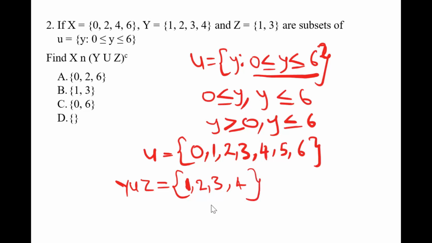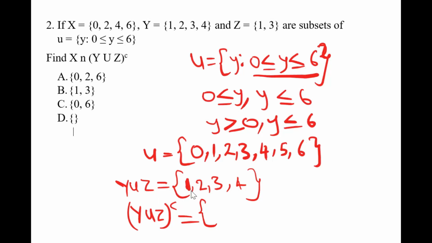This is Y union Z. Then (Y union Z) complement will be the elements in the universal set that Y union Z does not contain.